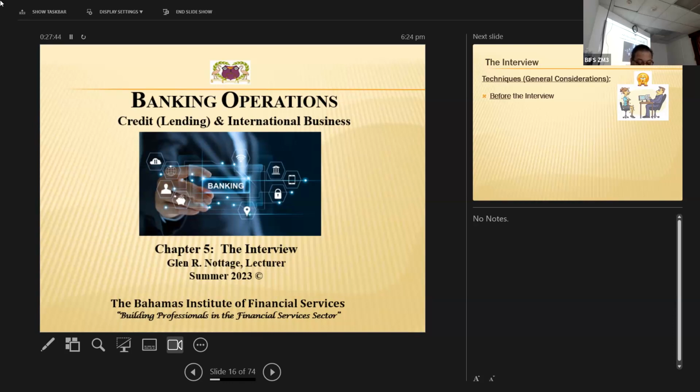Make sure, I think one person may have left out the word charged, but it's interest charged based on usage. Because the bank also pays interest. So the bank will pay interest on deposits, but it will charge interest on credit facilities. So that's a very key word.